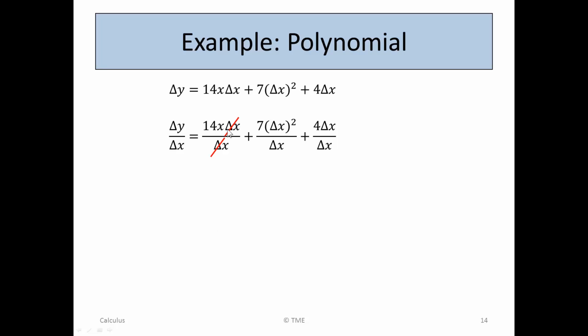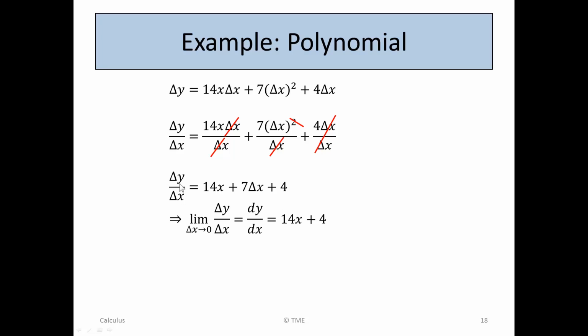Eliminating terms, delta x divided by delta x would cancel. Delta x into delta x squared would get rid of the square and just leave 1 delta x on top. And delta x divided by delta x, those two would cancel each other out as well. So delta y over delta x will be 14x plus 7 delta x plus 4.